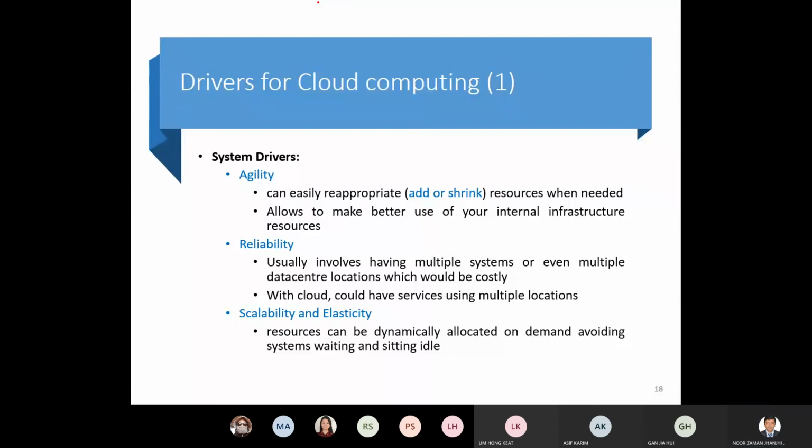So agility is one, reliability is the second, scalability is the third, elasticity means they are not rigid. This is among the basic, fundamental or essential characteristics.